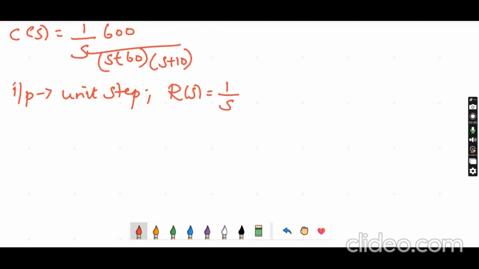Now we have C(s) and R(s), and we need the transfer function, which is C(s) by R(s).